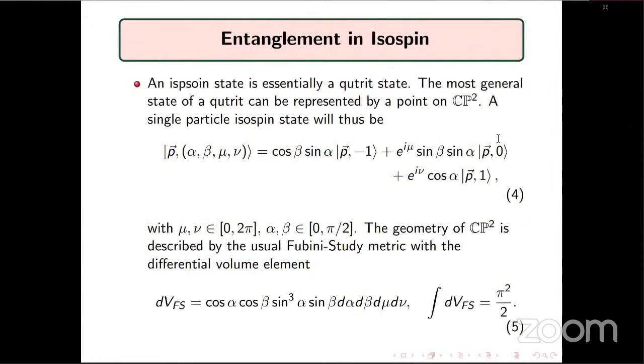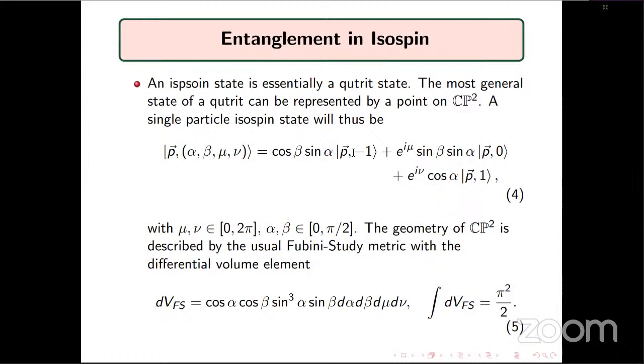A generic isospin particle state can be seen as a qutrit state. A qutrit is a 3-dimensional analog of a qubit. The most general state of a qutrit can be represented by a point on the complex projective space CP2. So a single particle isospin state can be parameterized in terms of the CP2 angles alpha, beta, mu, and nu, where the momentum P is a very important label because momentum is always there.